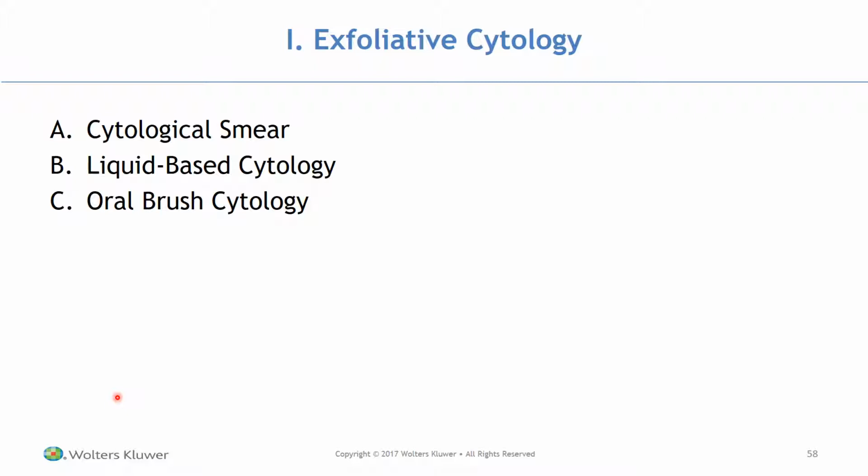Despite the popularity of brush cytology, the conventional smear cytology has been shown to have a higher specificity and be less expensive. So the brush, like they said, is really popular, but the smear has actually got better results.